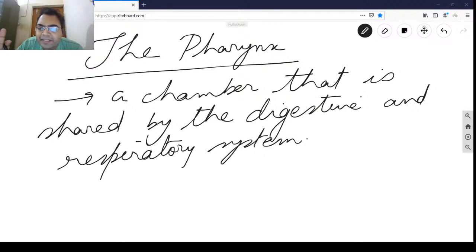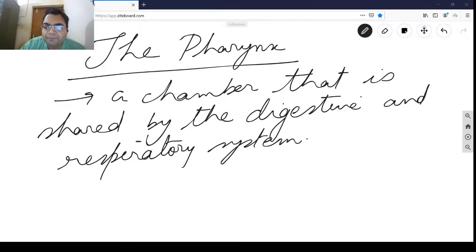Now, the curved superior and posterior walls of the pharynx are very closely bound to the axial skeleton that I had taught you. Not the appendicular, the axial skeleton. But the lateral walls are quite flexible and muscular.